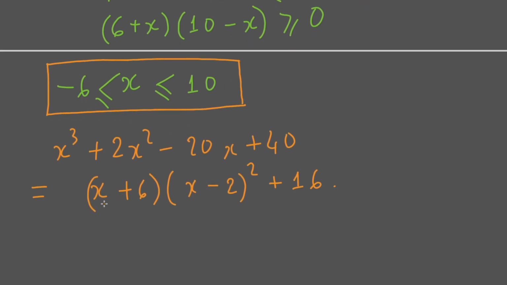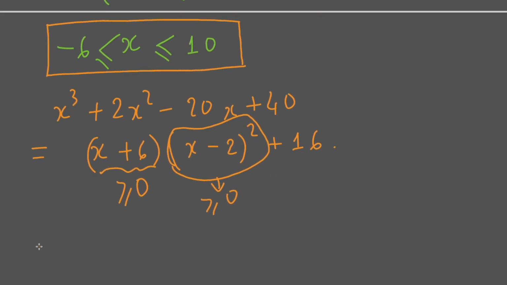Why do I transform the expression into this form? Because based on the condition, x is greater or equal than negative 6, so I consider putting x plus 6 here. Then this expression is greater or equal than 0, and this is a square, so it's also greater or equal than 0.